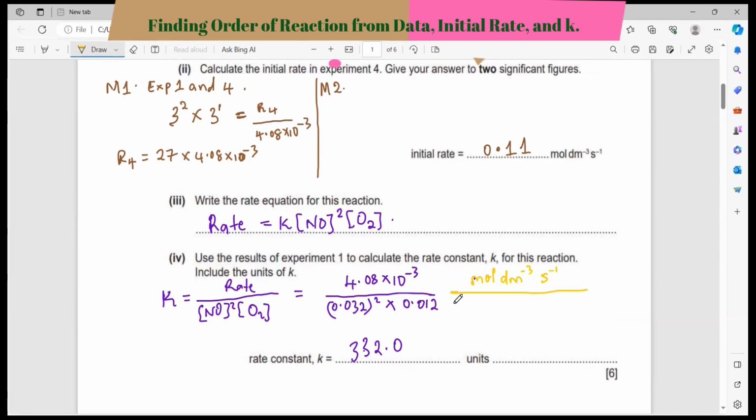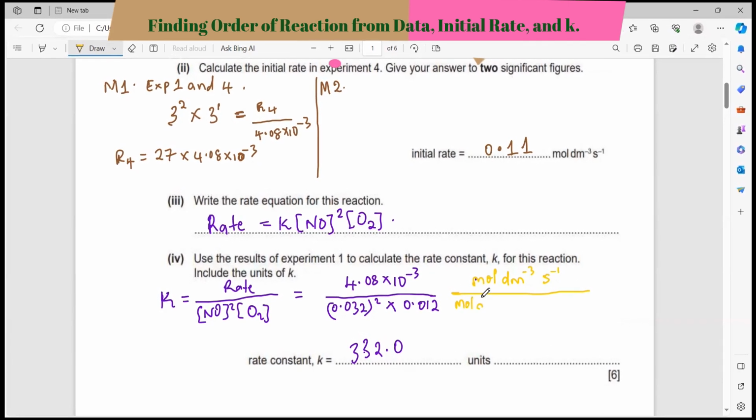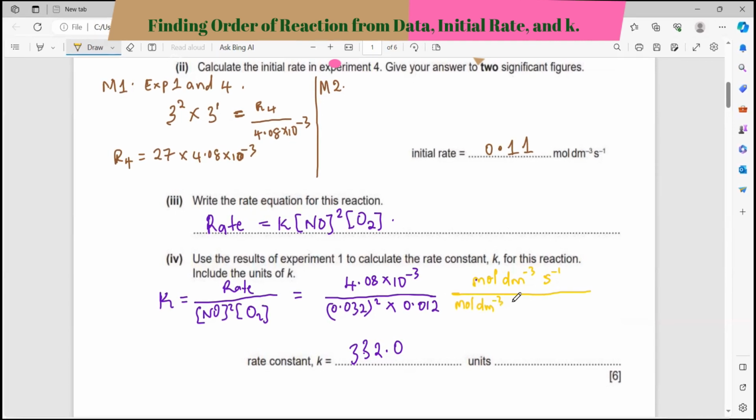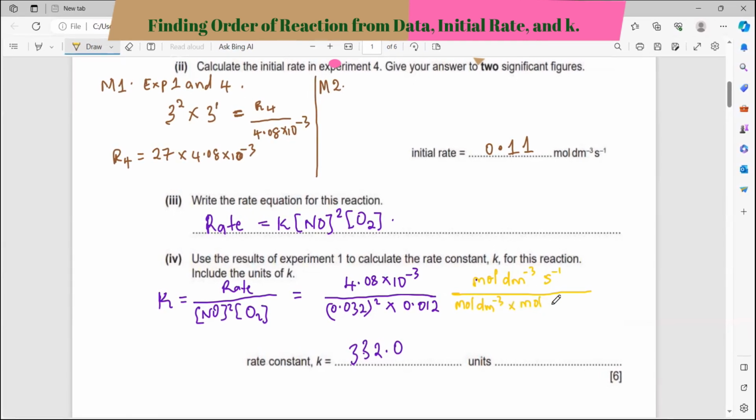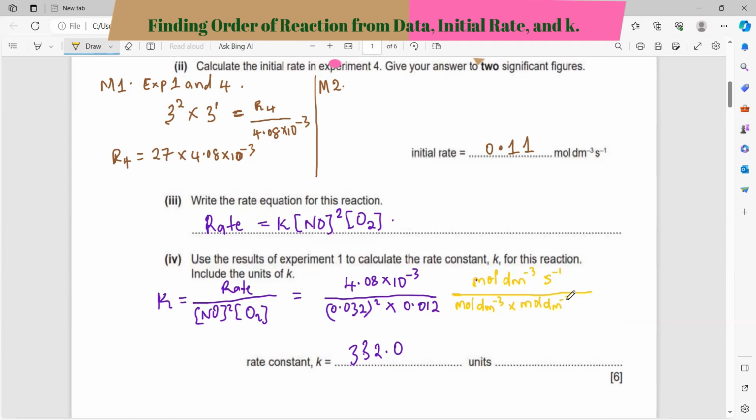Now, this square is moles per dm cube multiplies moles per dm cube multiplies again moles per dm cube for this one. So moles strikes mole, dm cube strikes dm cube, leaving mole square, that's per mole square.